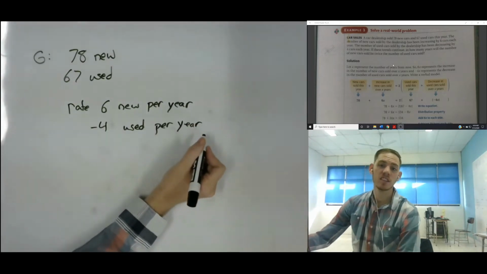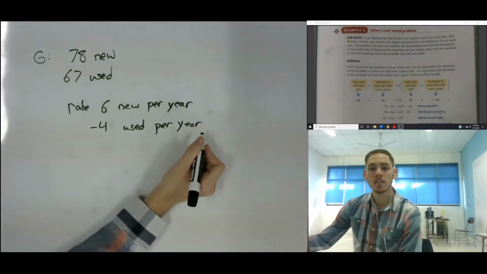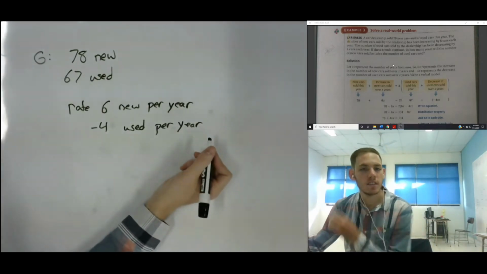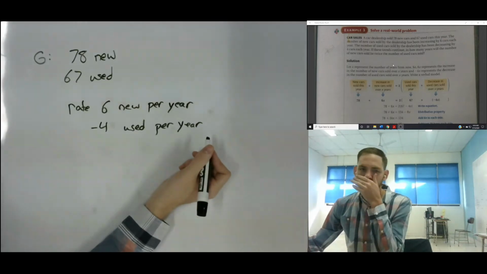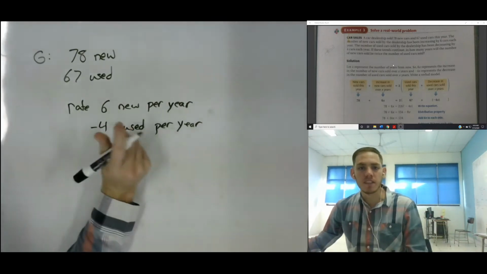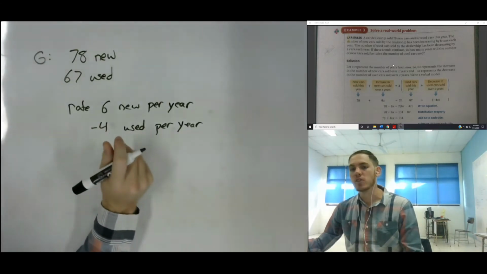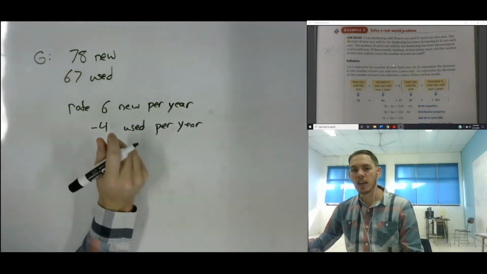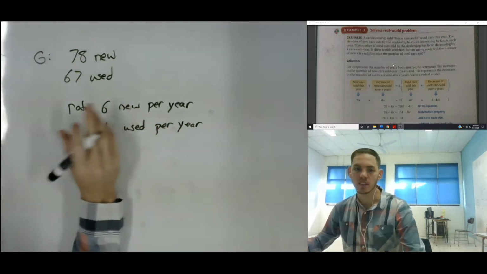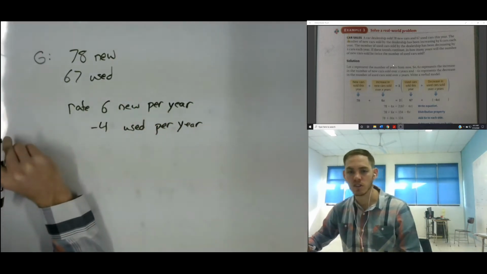Okay. If this trend continues, how many years, let's read. If these trends continue, how many years will the number of new cars sold be twice as much as the used cars sold?